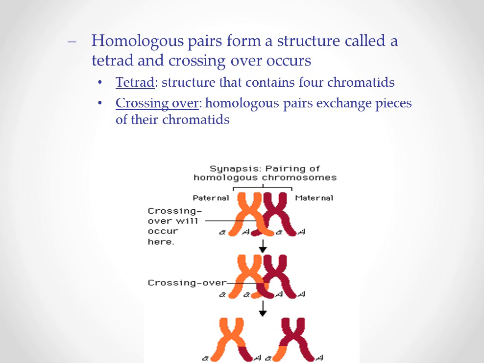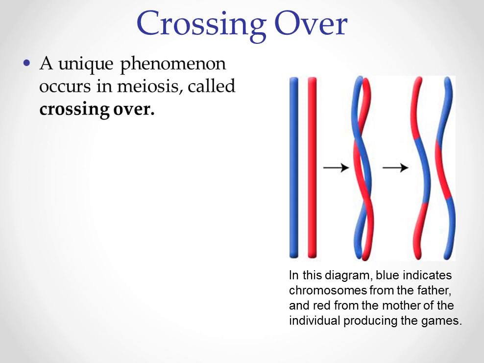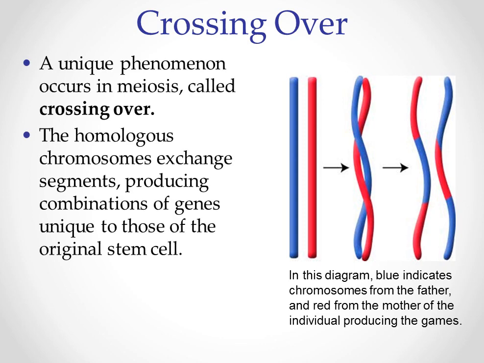Crossing over is a really important event that happens during prophase 1. This is where those homologous chromosomes pair up with each other, but they actually switch parts of their genetic information. Crossing over is extremely important. It's going to produce a different combination that's unique to those individuals. It's going to produce the uniqueness of you.